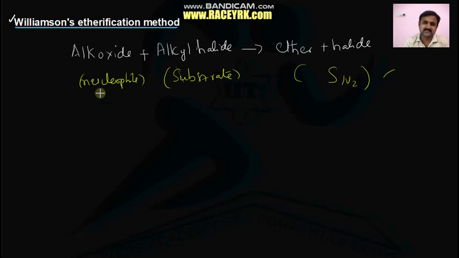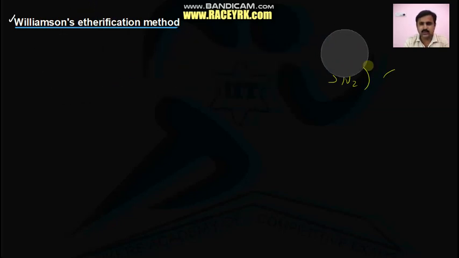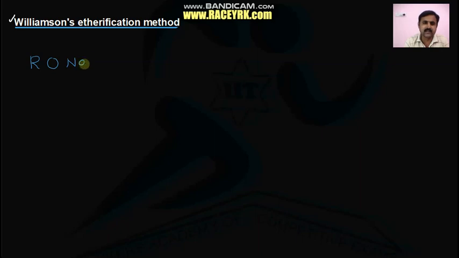So this method is called the SN2 method, the Williamson etherification reaction. Let us see how a general Williamson etherification reaction takes place. Suppose you have taken one sodium alkoxide or potassium alkoxide, RONa. I call this sodium alkoxide.